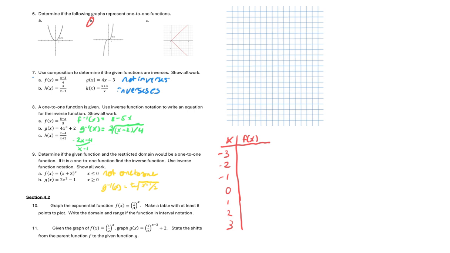So at -3, our f of x will be 27. -2 will be 9. This should be 3. 0 is 1. And we'll get 1/3, 1/9, and 1/27. So if we want to plot this, okay.